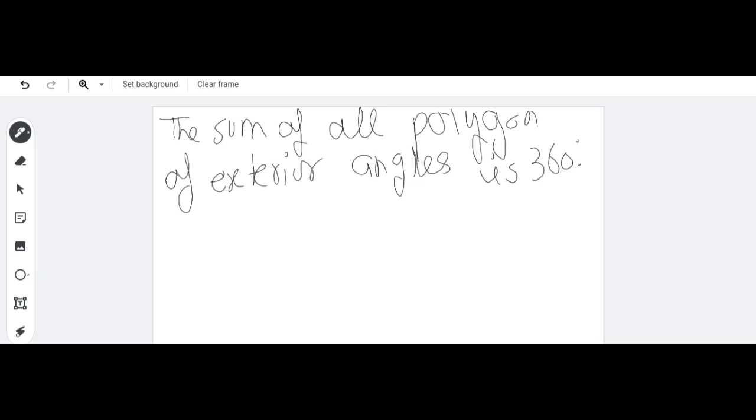And also, in a regular polygon, each exterior angle has the same measure.